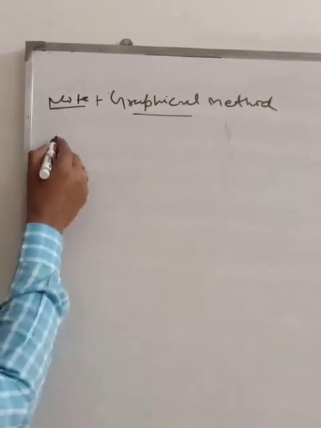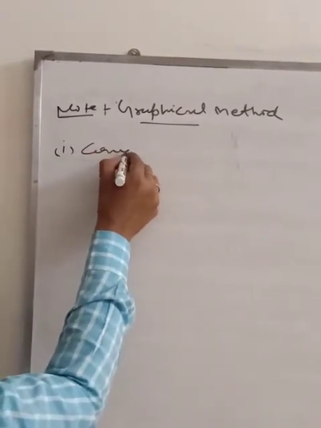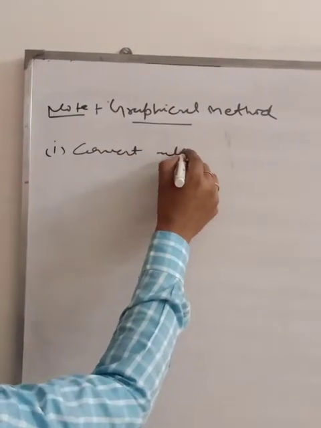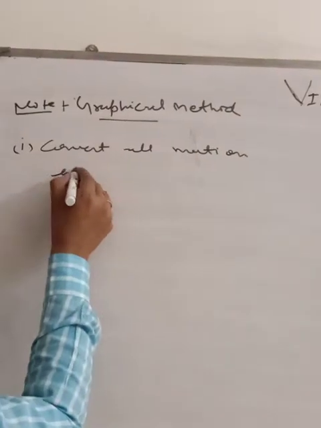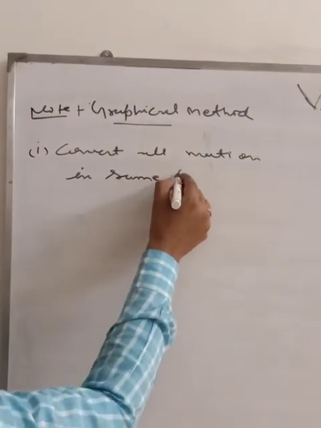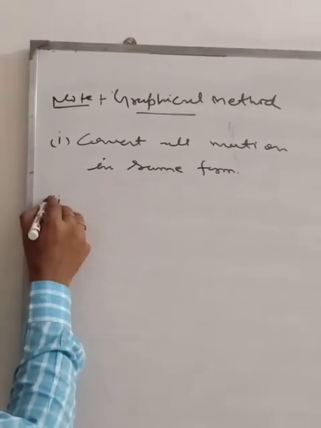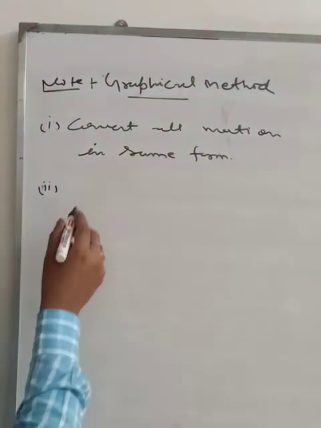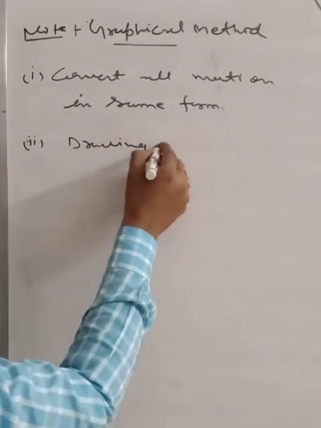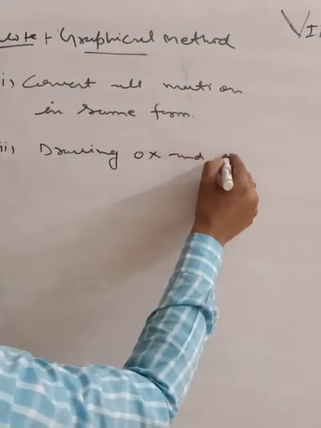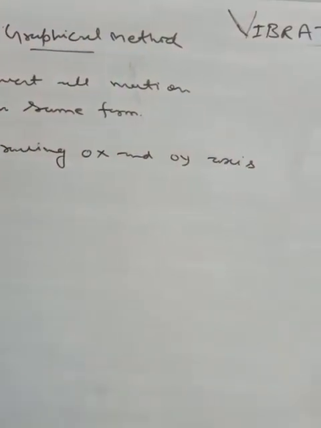In this graphical method, the first step is to convert all motion in the same form. Second, draw the OX and OY axes.